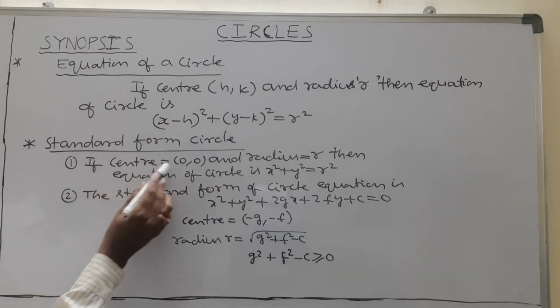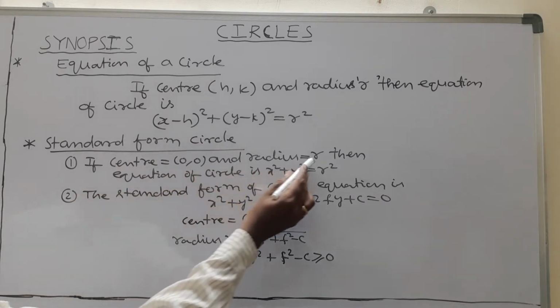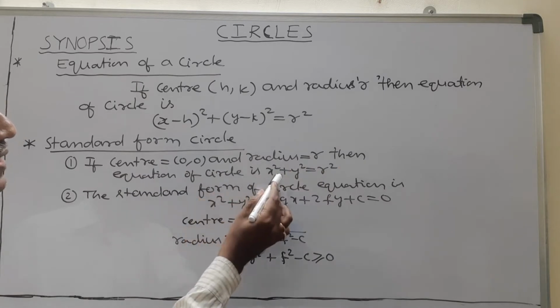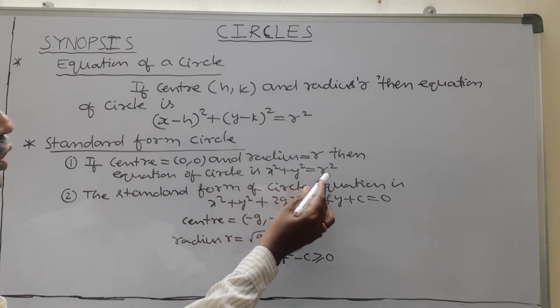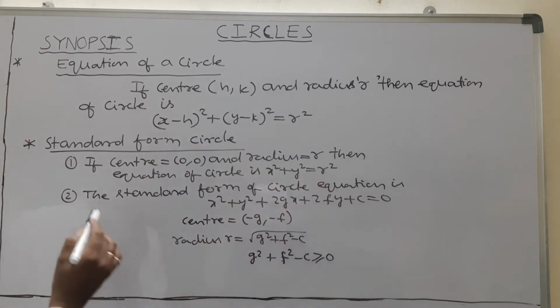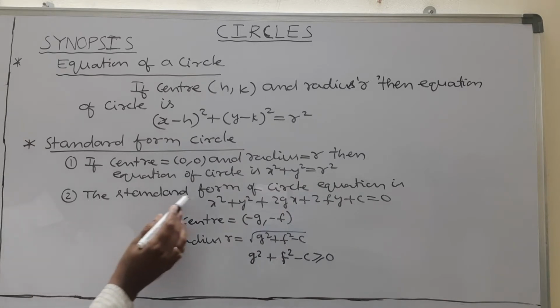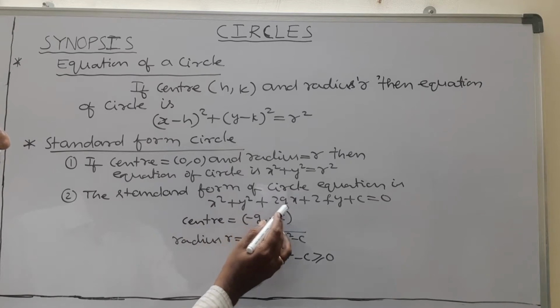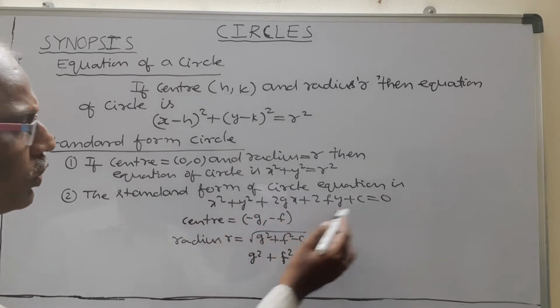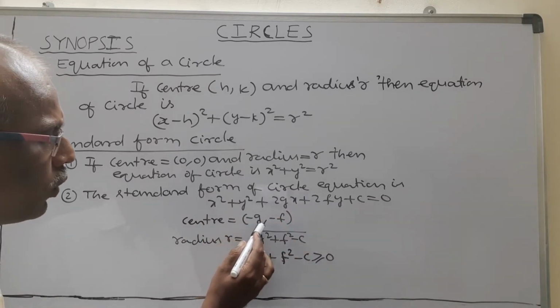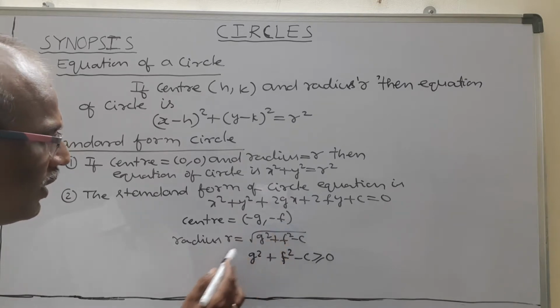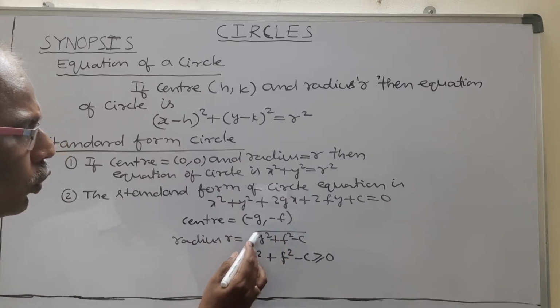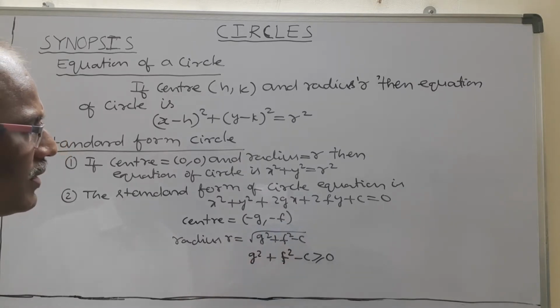If the center is (0, 0) and the radius is r, then the equation of the circle is x square plus y square is equal to r square. If the equation is x square plus y square plus 2gx plus 2fy plus c equal to 0, then the center is (minus g, minus f) and the radius r equals root of g square plus f square minus c.